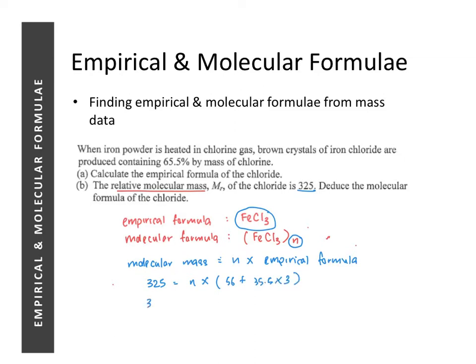That gives us the following equation, and that allows us to determine the value of n to be 2. What this means is that the molecular formula is 2 times the empirical formula. So the molecular formula of the chloride is Fe2Cl6.